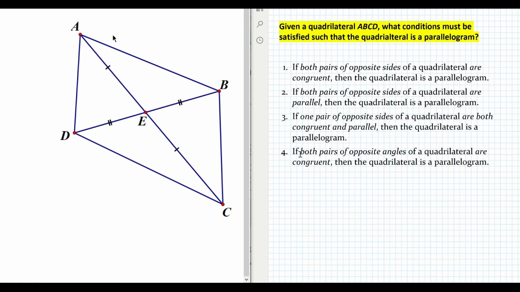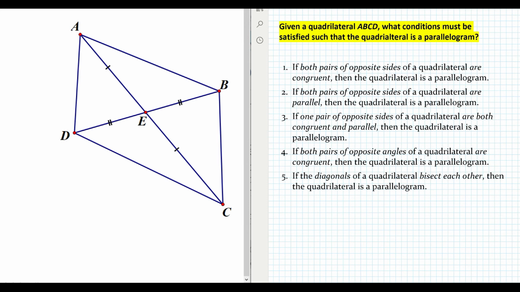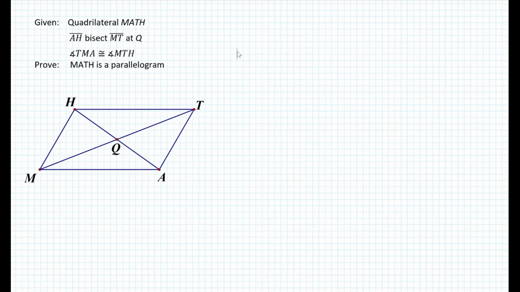So what that means is that those diagonals bisect each other, okay? So let's write that in. Basically, if the diagonals of a quadrilateral bisect each other, then the quadrilateral is a parallelogram. So that's basically it. So these are all the 5 conditions that must be satisfied such that we can say that the quadrilateral is a parallelogram. Okay, so let's see how we can apply these conditions that we have just discussed in a proof.